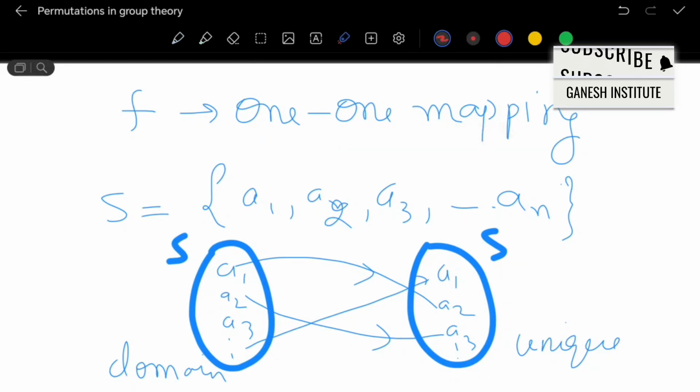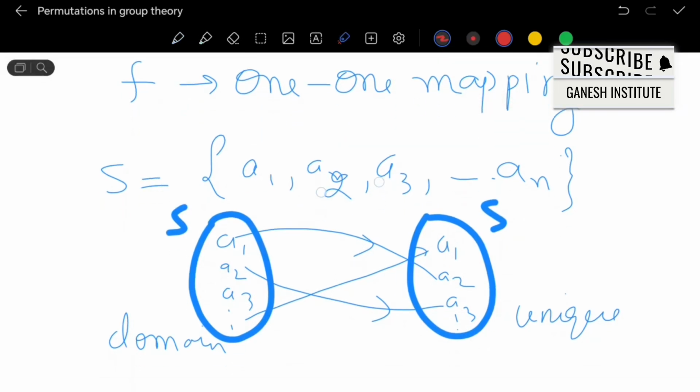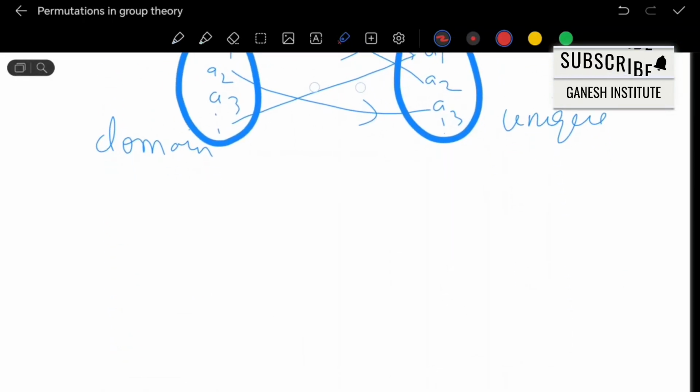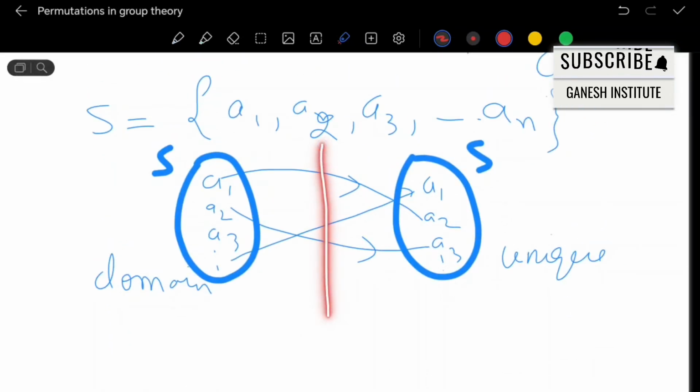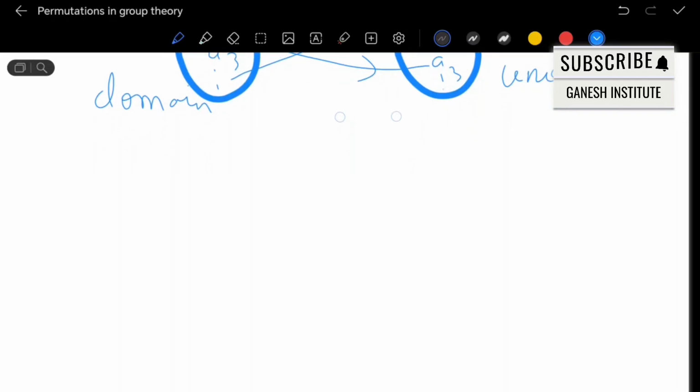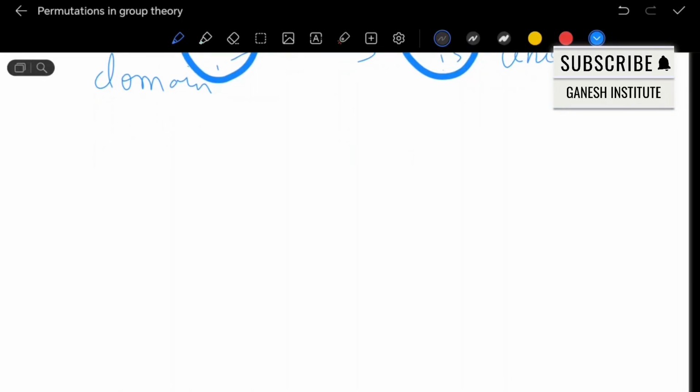So if we talk about the permutations, what have we got? A set. It has finite number of elements because we are considering a finite set.